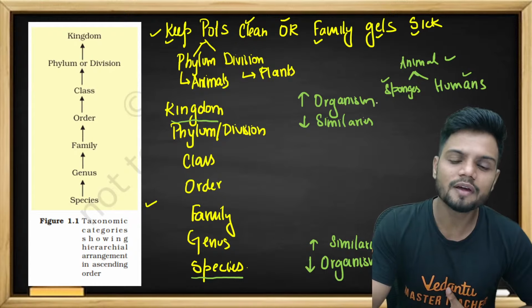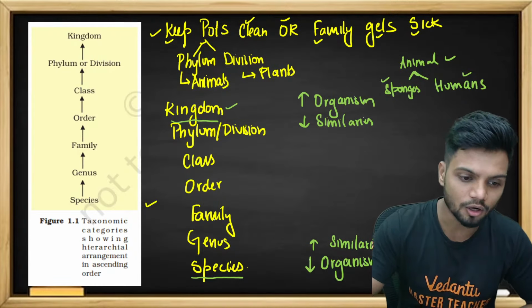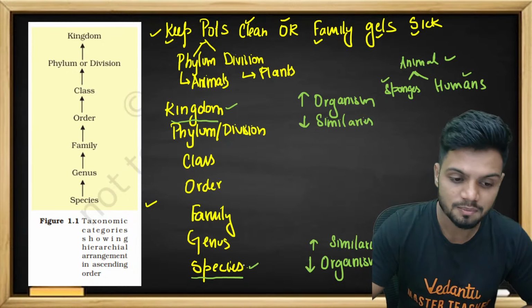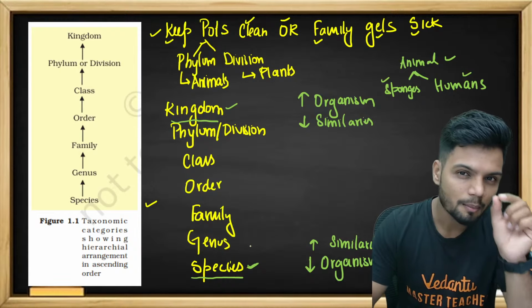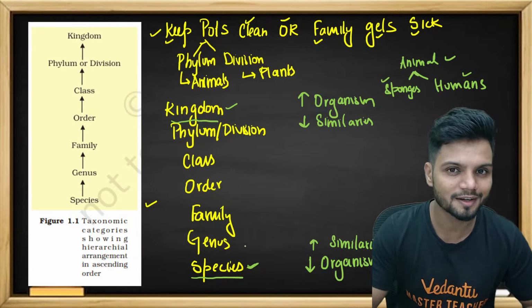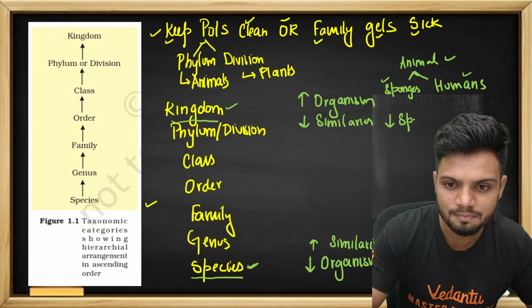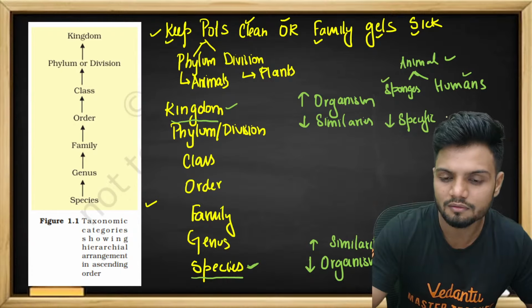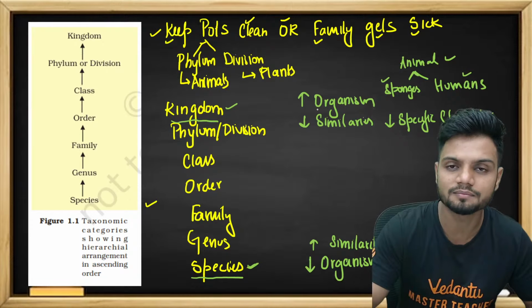So you tell me, where do you find more specific characters? At the kingdom level, or at the species level? Species level. Most of them will have the same type of specific characters. All the dogs will have 4 legs, right? So can I say there are very few specific characters when we go to the kingdom level.